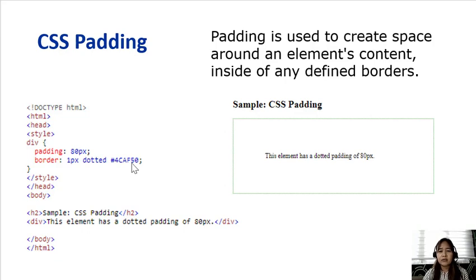So you might also try this one out and see how it affects your code as well. So kindly pause your video again and see how padding and the different way of specifying the border definition is going to look in your updated website.